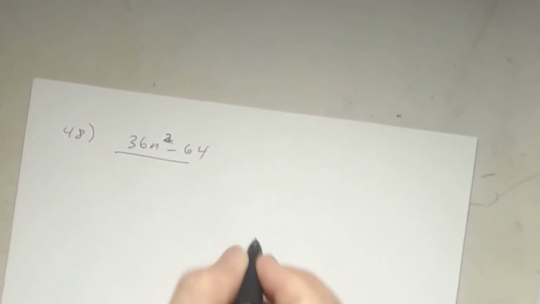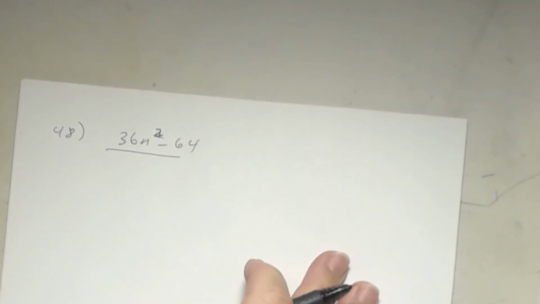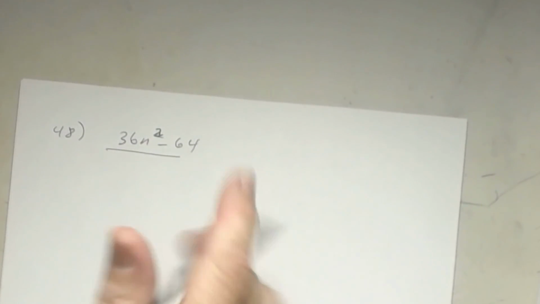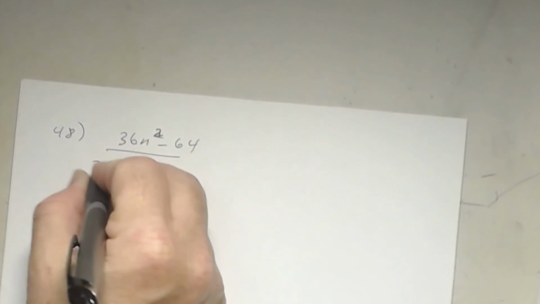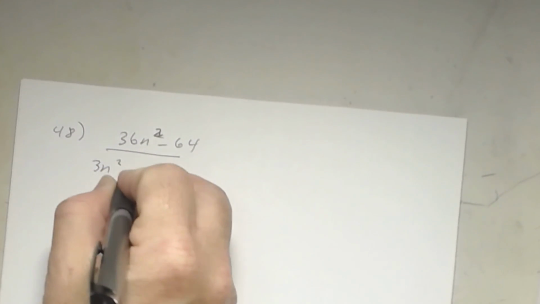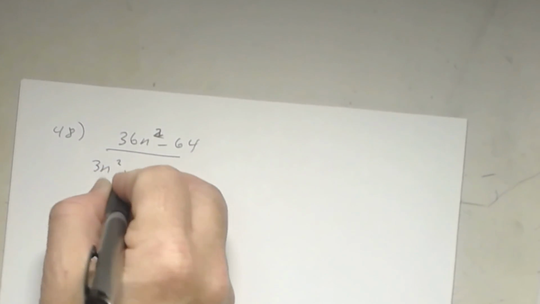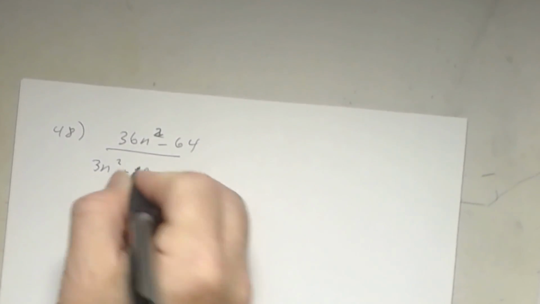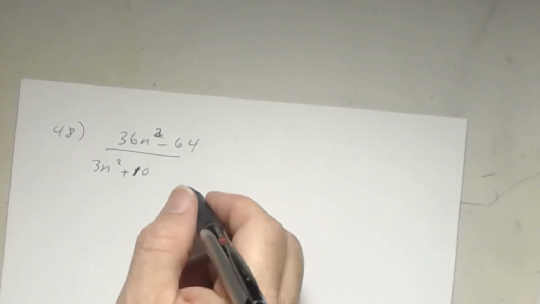All right, 48, you have this. You have 36n squared minus 64 divided by 48 divided by 3n squared plus 10n plus 8.